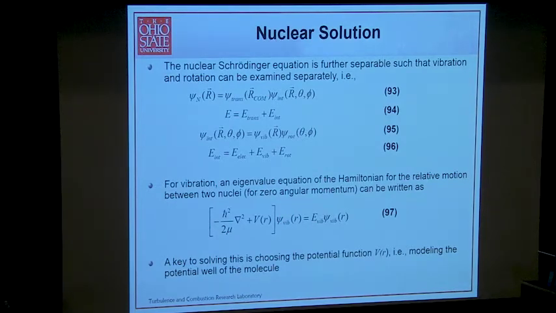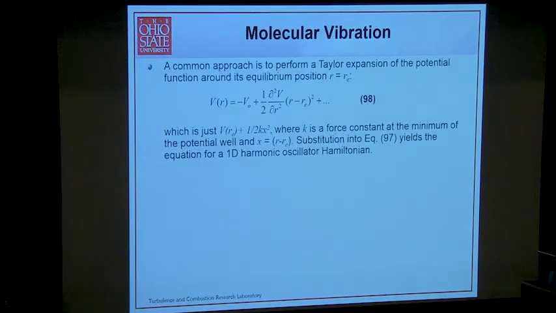Now, a key to solving this is we have to choose our potential function. We have to choose how we're going to model the potential well of the molecule. A simple way to do this is, I'll draw it small, but hopefully you can see that.